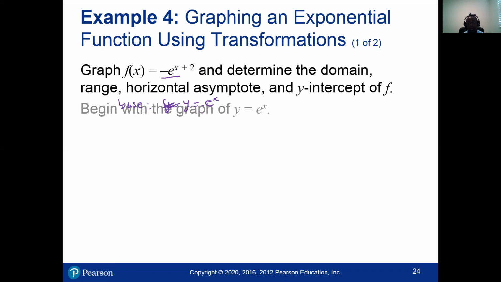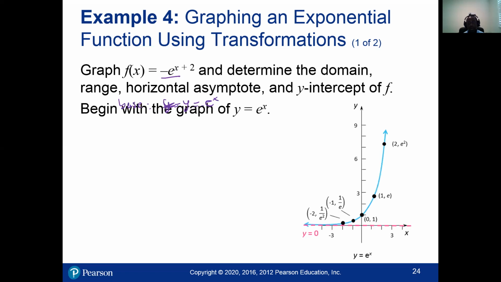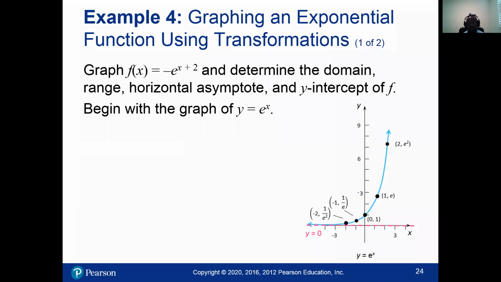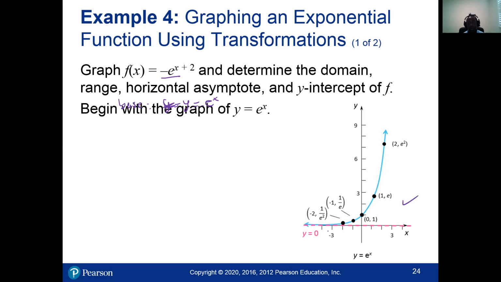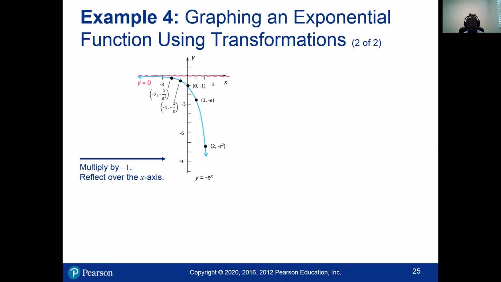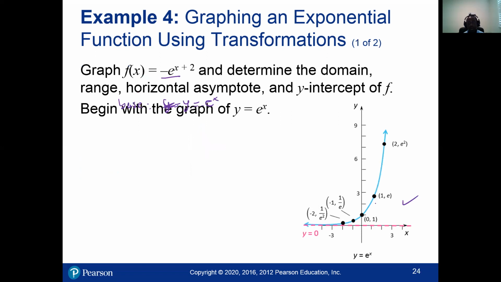Okay, so we have the base function as we have graphed it. Because it's negative, y equals the negative of that is a reflection in the x-axis. So we reflect this in the x-axis. This point becomes 0, -1.